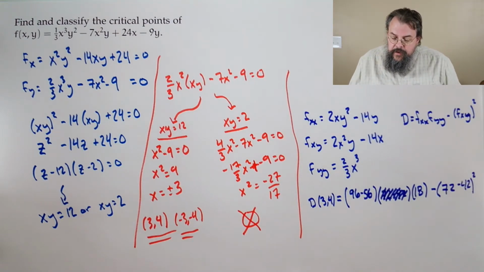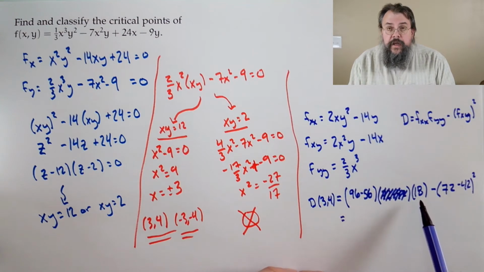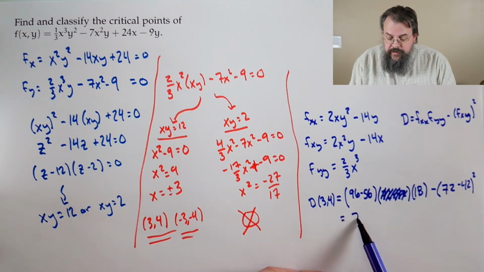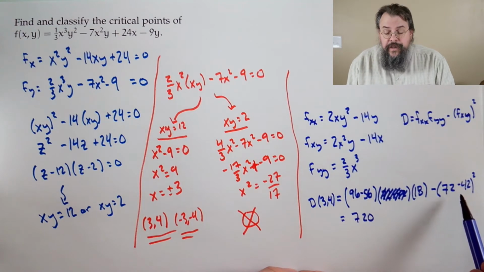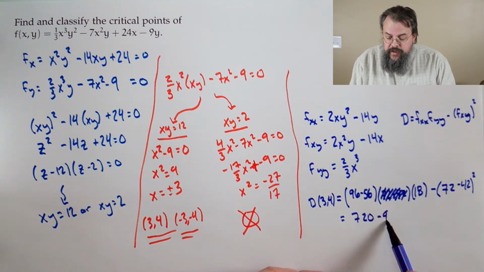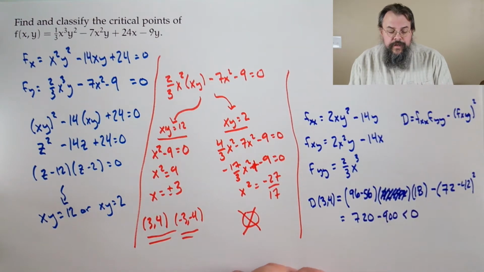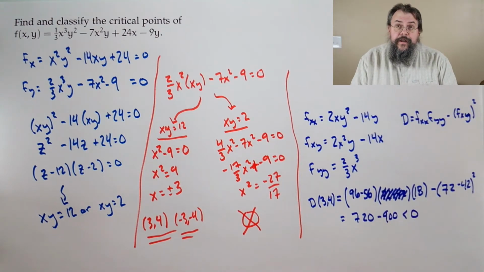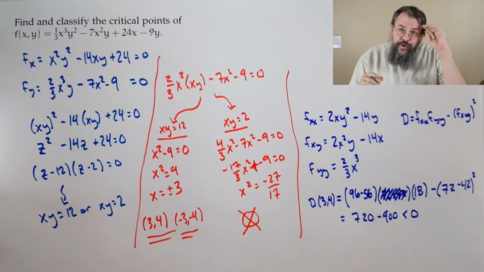We get 96 minus 56, which is 40, and then we have 40 times 18. Well, that's 720. All right, here we get 72 minus 42. Well, that's 30. And then we're squaring it. So subtract 900. And that's a negative quantity. All right, great. Well, negative, we're done. That means saddle. Okay, phew.